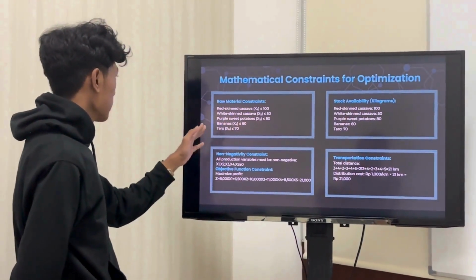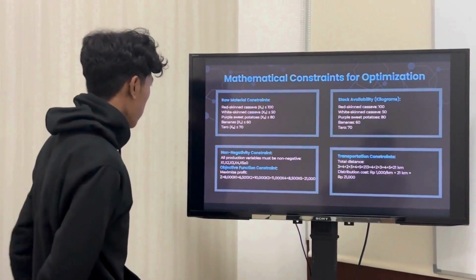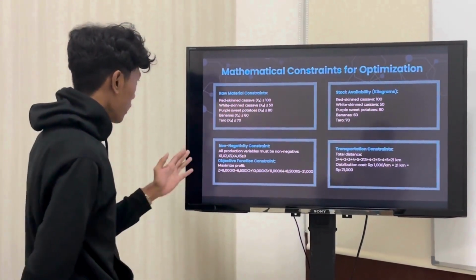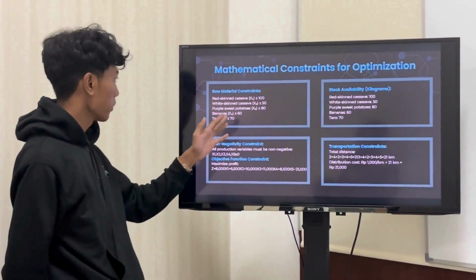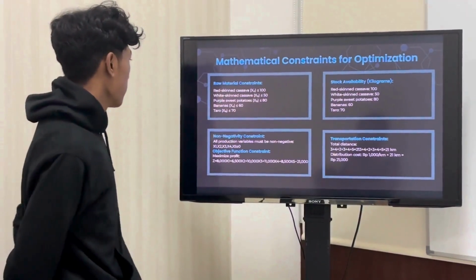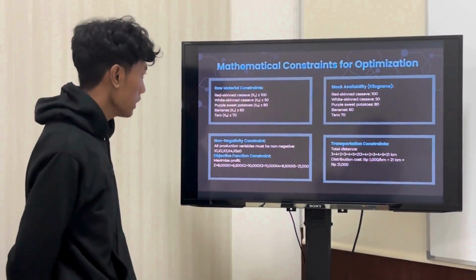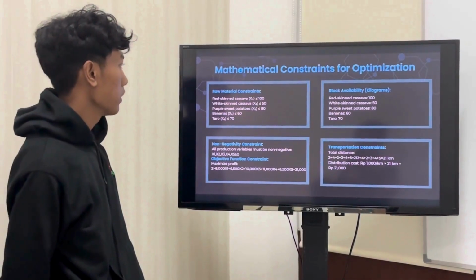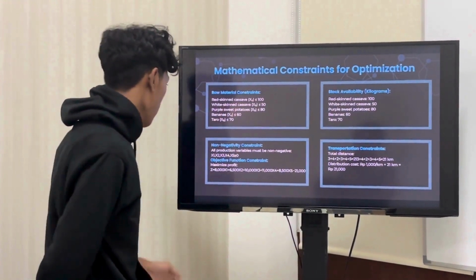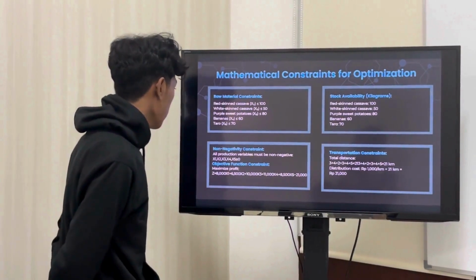Okay, so these are the constraints for linear optimization. For the raw material: red skin cassava has 100 units, white skin cassava 50, purple sweet potatoes 80, banana 60, and taro 70. The stock availability is the same, and there are non-negativity constraints.